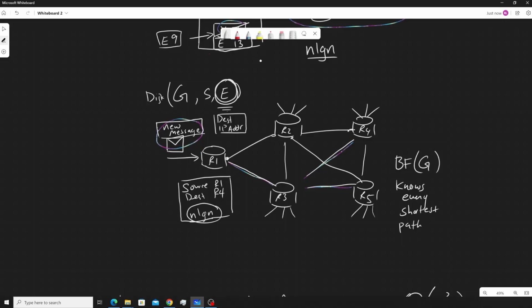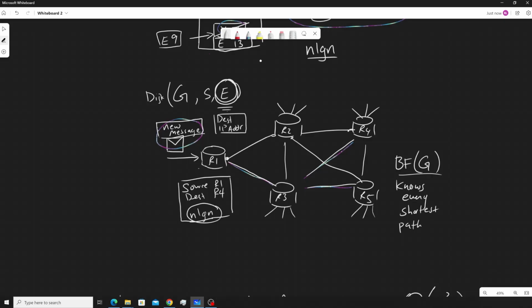Now in contrast, Bellman-Ford gives you every shortest path when you feed it the graph. So meaning that I can pre-compute these values. I can have R1 feed it the graph of the world that I have, and then when this message arrives at R1, because it ran Bellman-Ford, it knows every shortest path, and so it's just a very simple lookup in order to get to R2, R3, R4, R5.